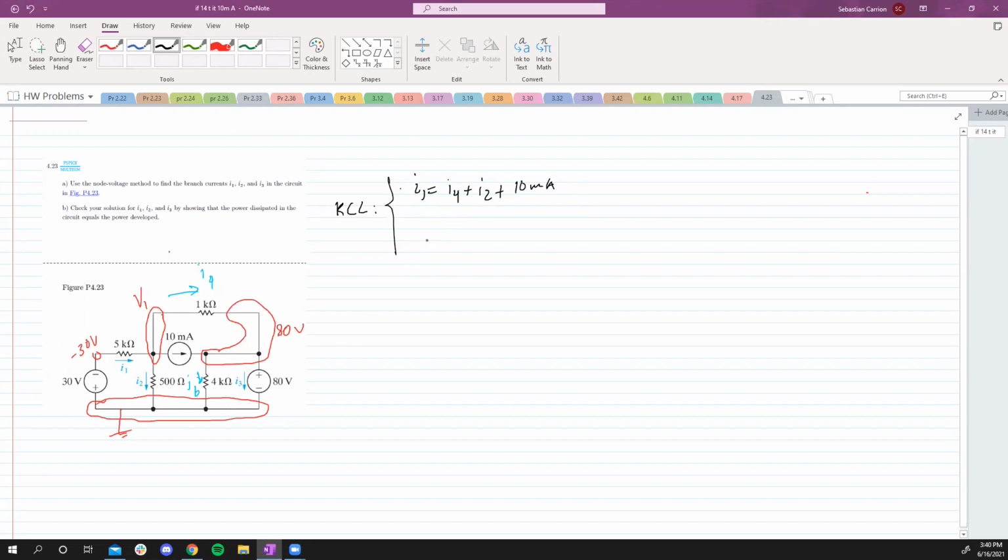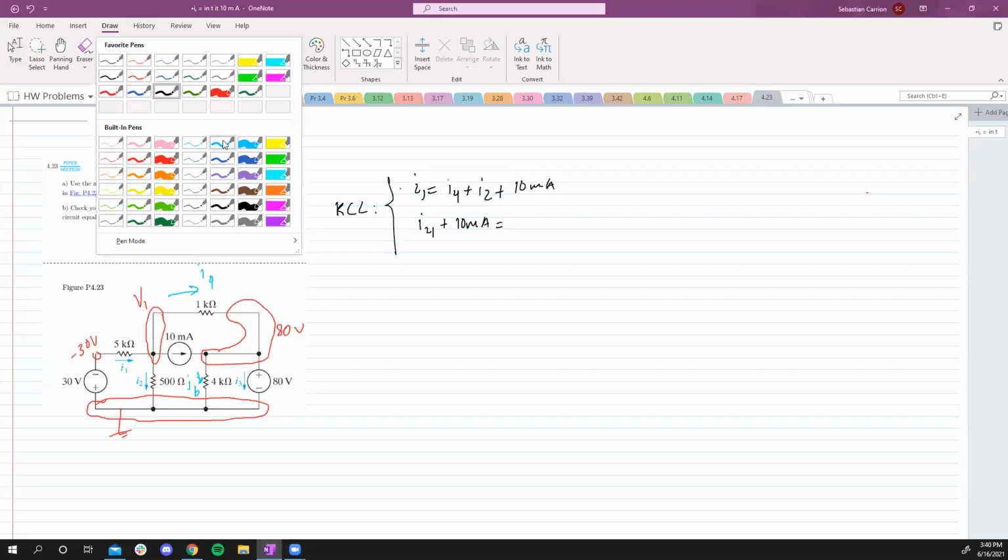Then we have I4 plus 10 milliamp equals I6, I believe, or is this I6? I don't even know what I call it, I5.